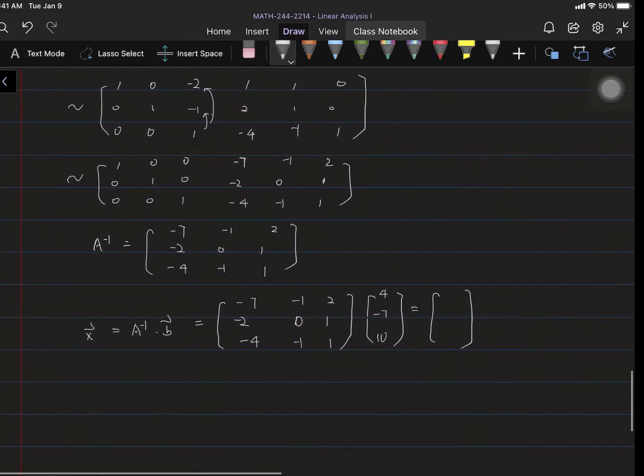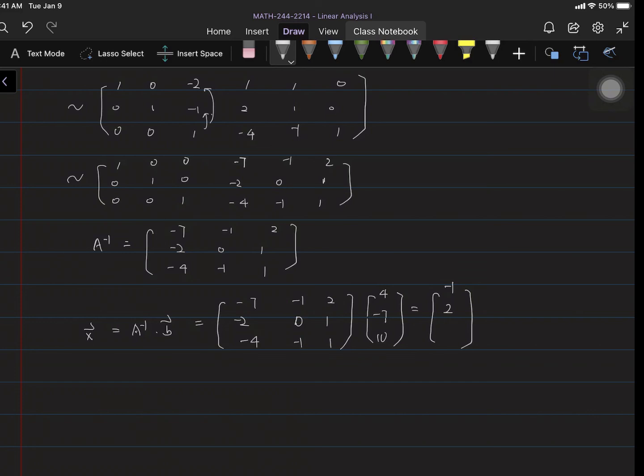Let's see what the solution is going to be. So row 1 times the column, so -28 plus 7, -21. -21 plus 20, so should be -1. Is that right? Second row, -8 plus 10 should be 2.